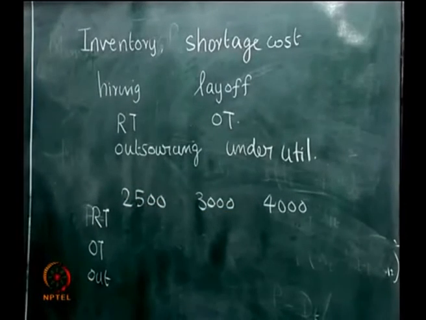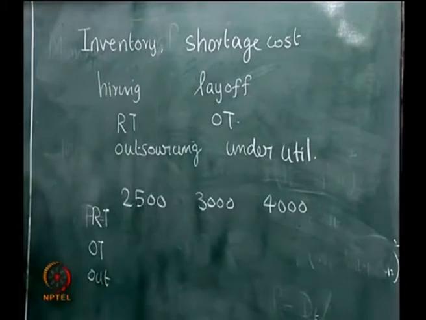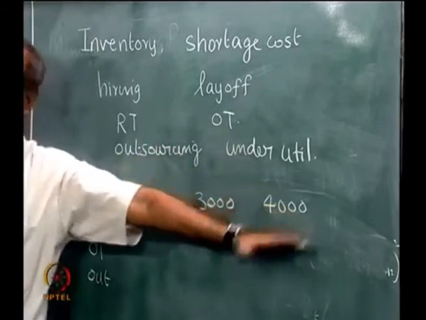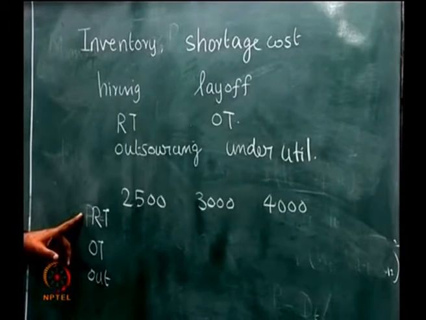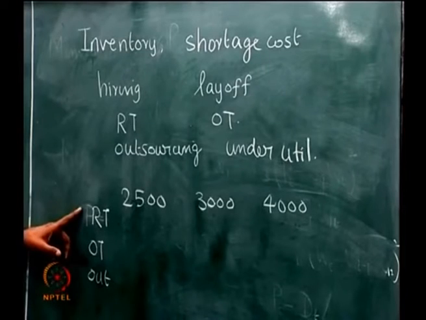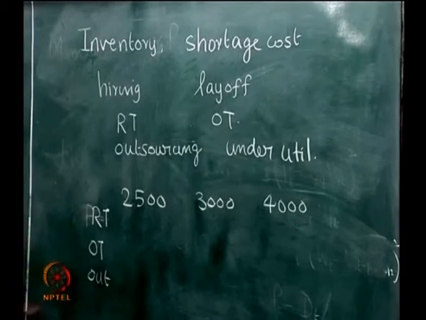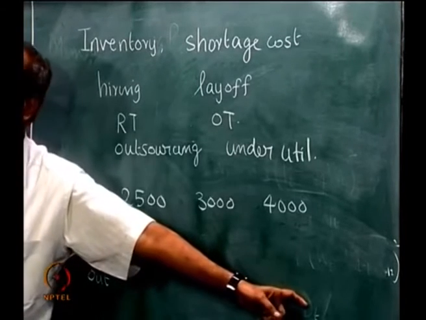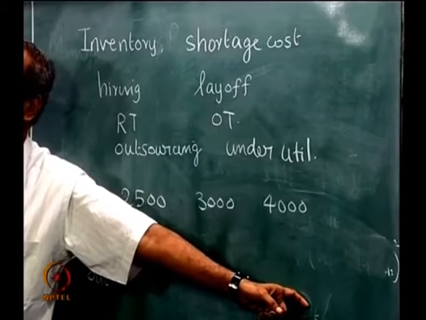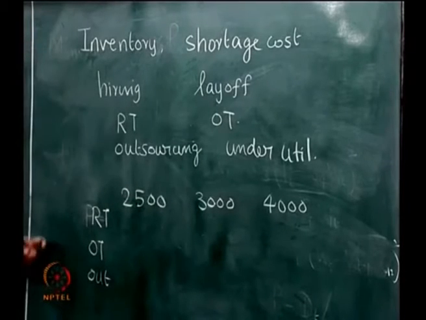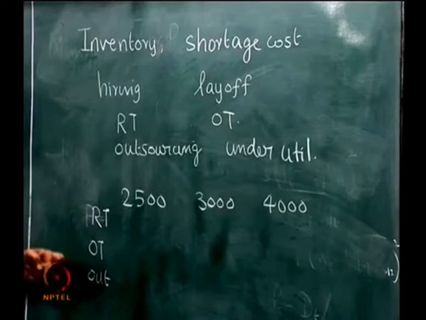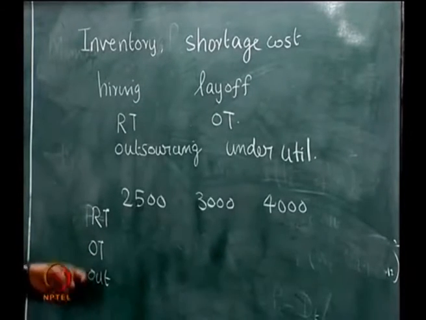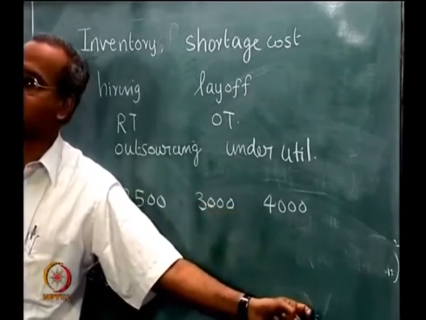Now, if we are following a pure strategy where we vary the workforce and we want to produce 4000 here, suppose the regular time production capacity is only 2000 and the overtime production capacity is 1000, with another 500 capacity, then only 3500 is the maximum that we can reach here.